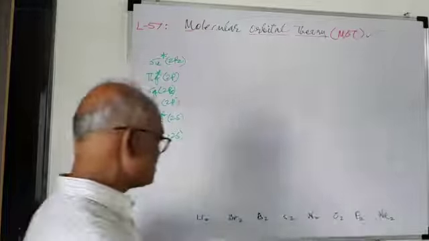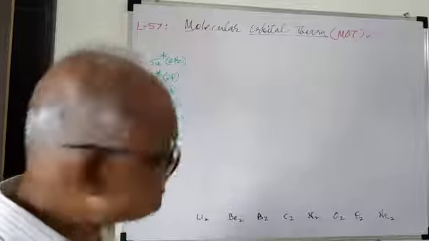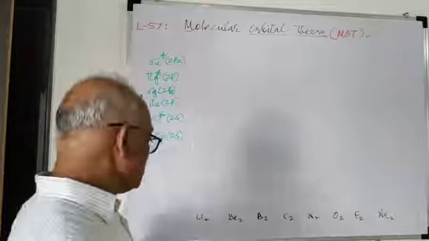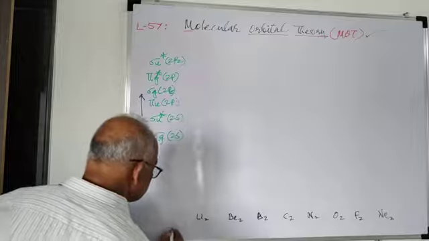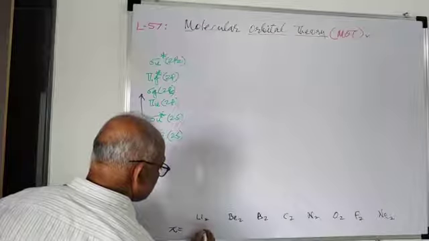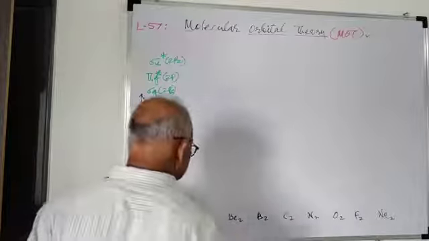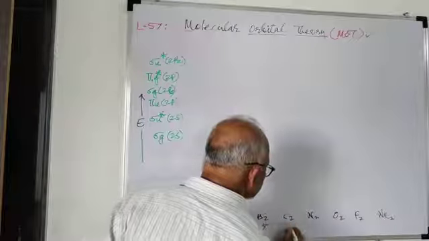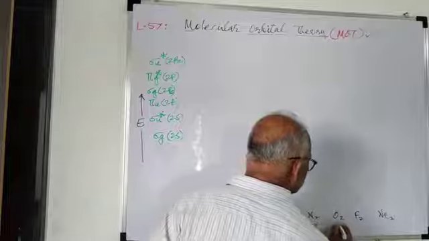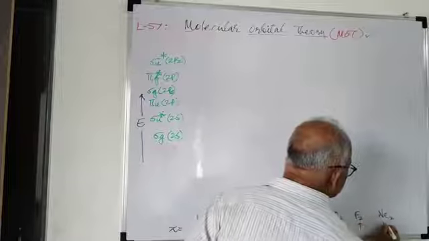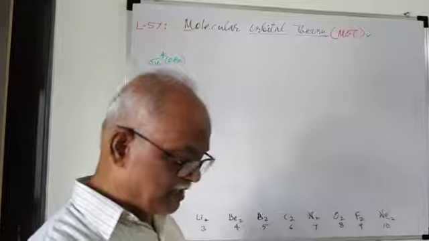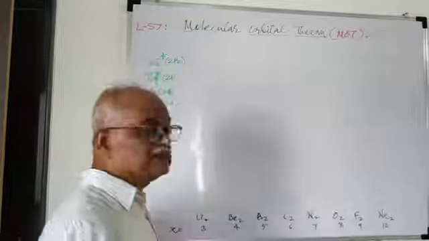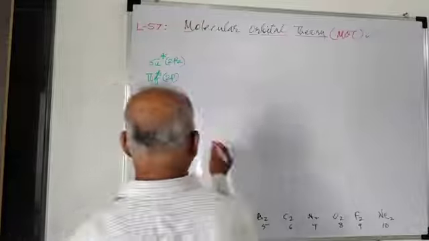So we will have such molecules as we move from lithium to neon. Their atomic numbers, that is Z, are 3, 4, 5, 6, 7, 8, 9 and 10.